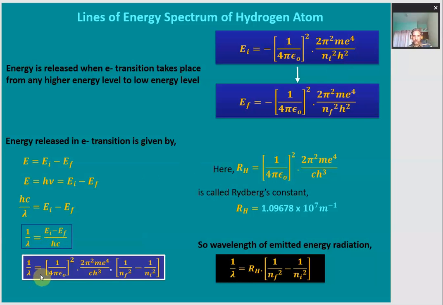So here each and every term except the term in the bracket is nothing but a constant, and this constant is called Rydberg's constant, which we represent as RH. So RH is given by the square of 1 upon 4 pi epsilon naught into 2 pi square me square upon ch cube. So this is Rydberg constant.